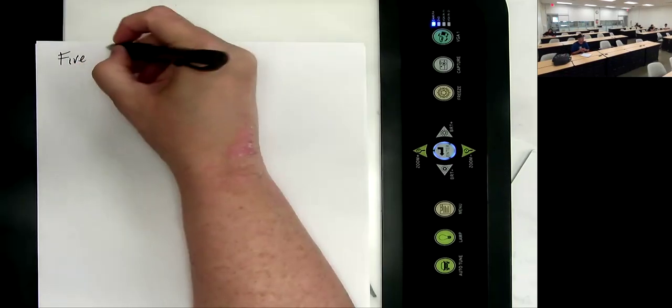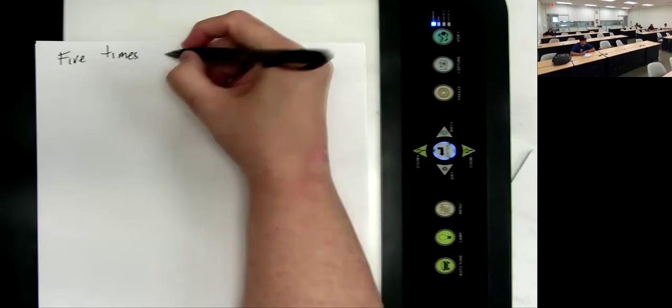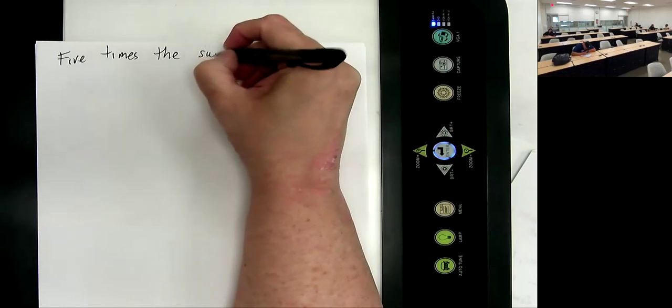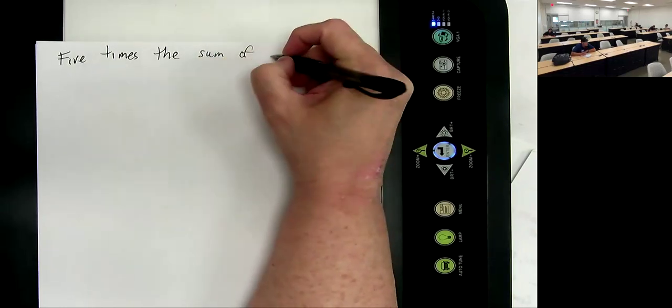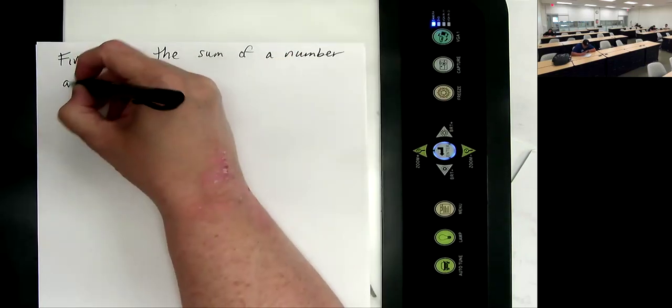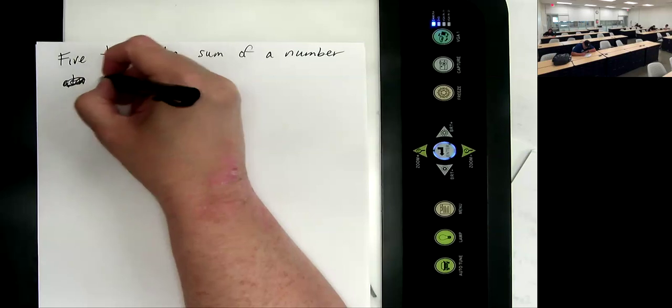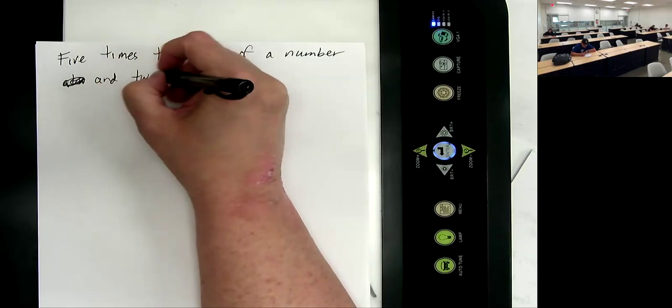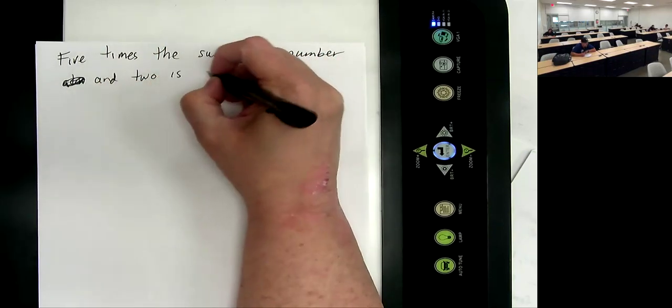5 times the sum of a number and 2 is 13.